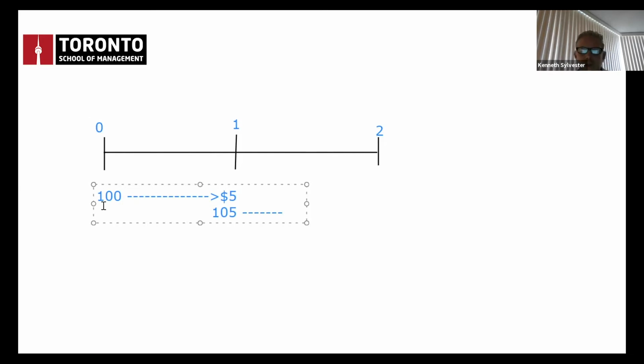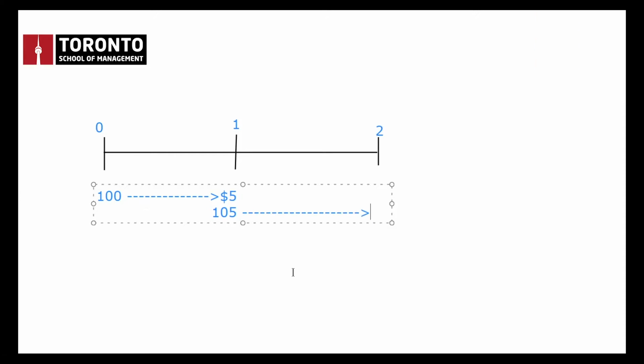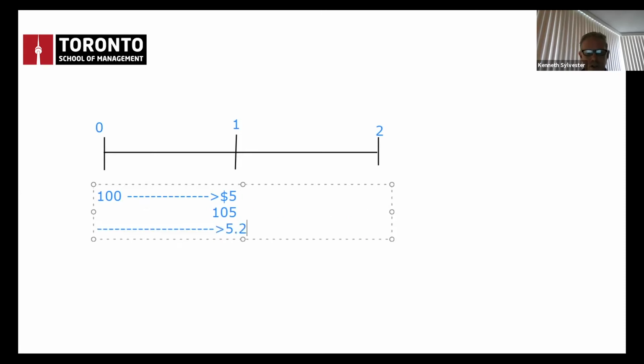And that principal is now not $100, it's $105. And that is invested for the second year. And how much do I make in the second year? Anybody? $5.25. Yes, thank you. $5.25.